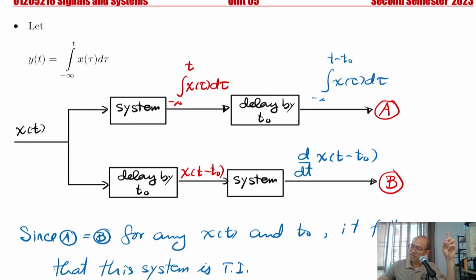Okay, now let's look at the lower path. I delay it first by t0, and then I put it into the system. What the system does is integrate this up to time t.